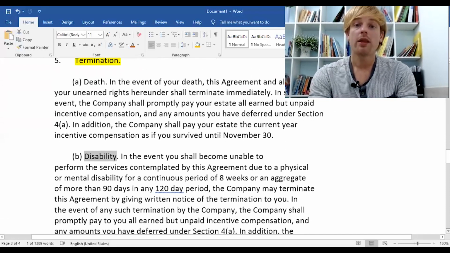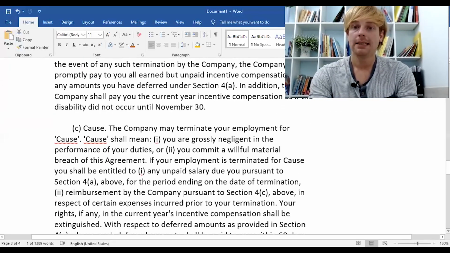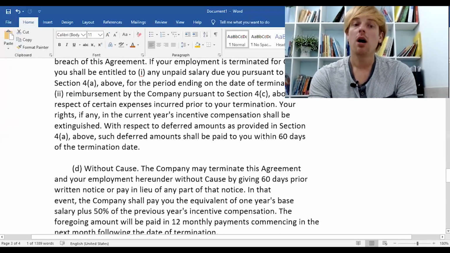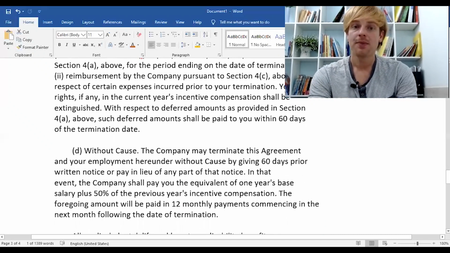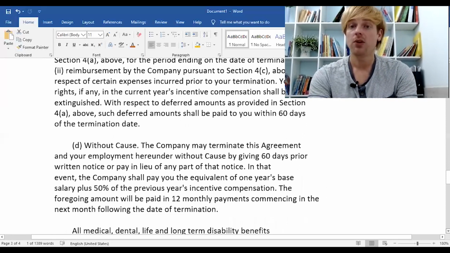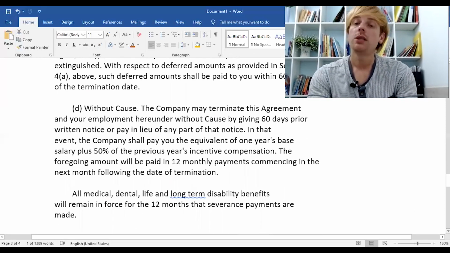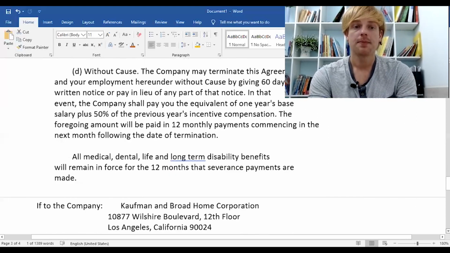With cause, meaning a reason, and without cause, meaning no reason. The company just wants to stop it. They want to terminate the contract. So reasons for termination, reasons to stop the contract.